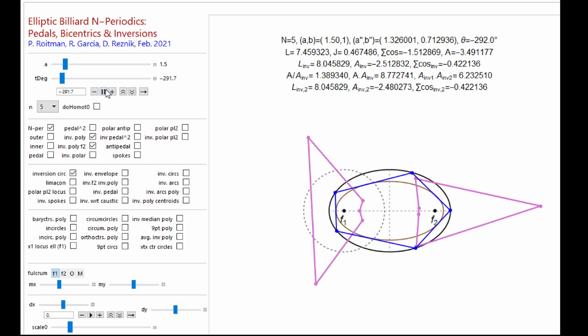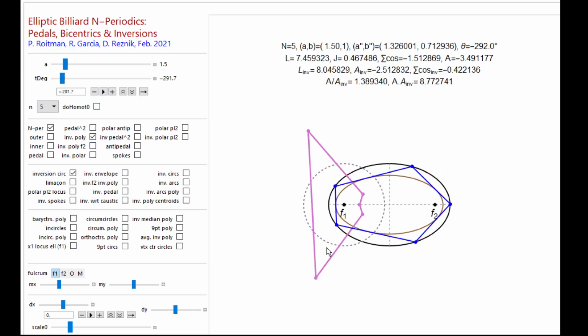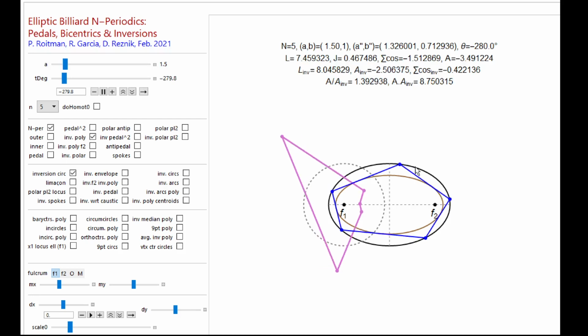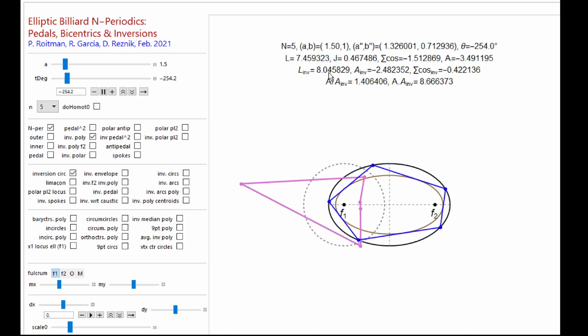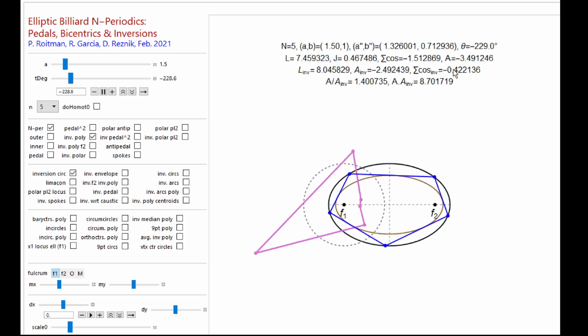But I want to forget about the one on the right, and I just want to focus on this one now. So this is my F1 inversive polygon. I've taken the vertices of my n periodic, and I've inverted them with respect to a circle centered on F1. This family, much like the F2 inversive, has constant perimeter, and it conserves its sum of cosines. Okay?